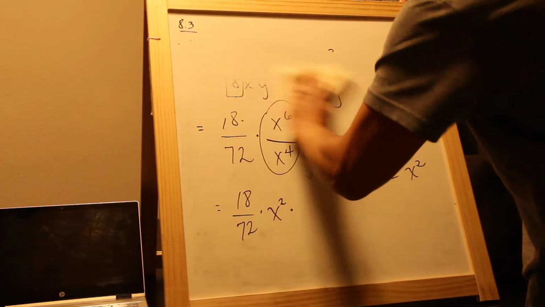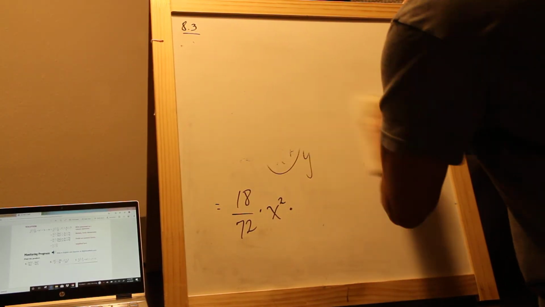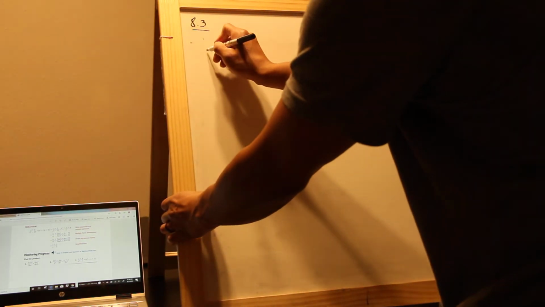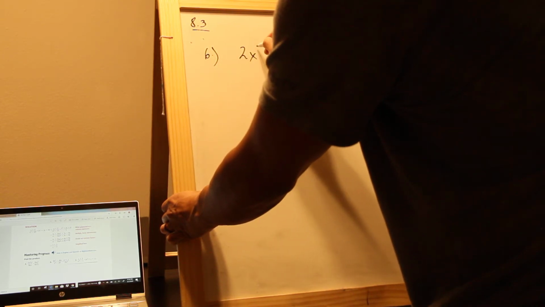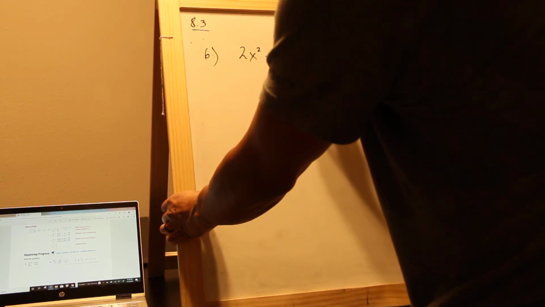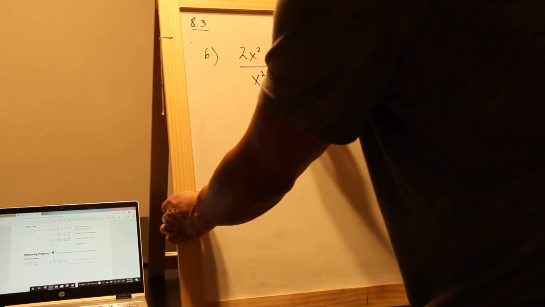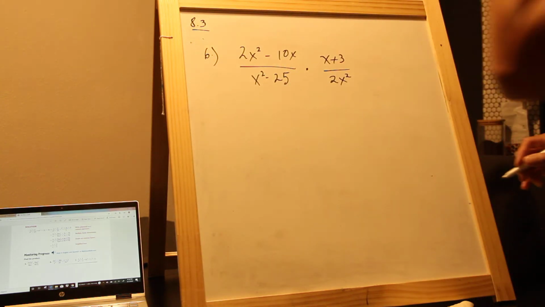So now the next problem we're going to take a look at, number 6. Number 6 says 2x squared minus 10x over x squared minus 25 times x plus 3 over 2x squared.